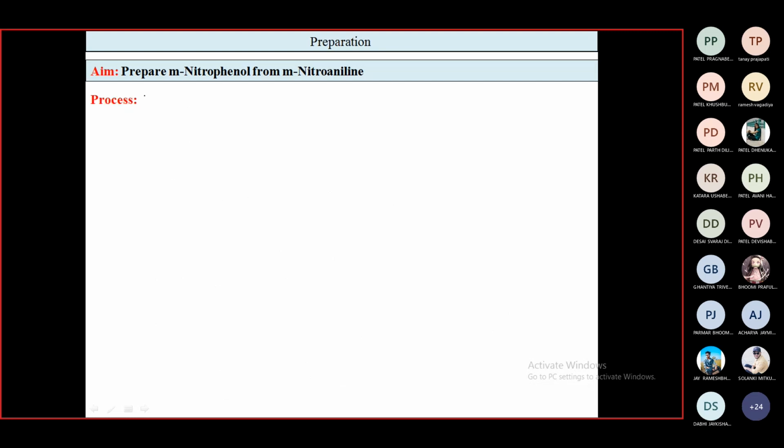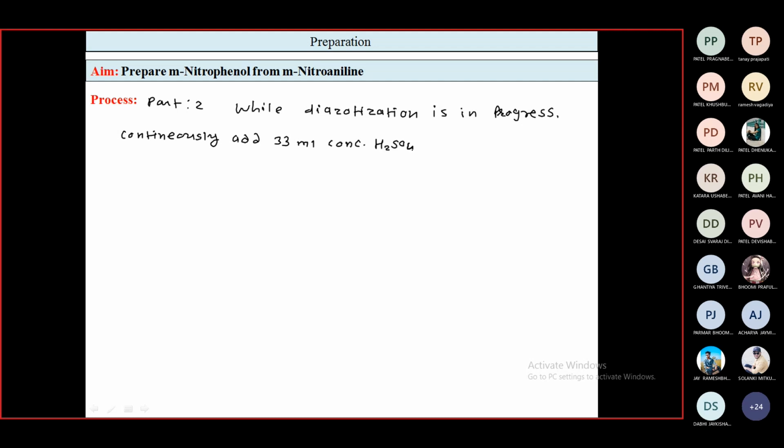Now second part is the actual reaction, that is part 2. While diazotization is in progress, continuously add 33 ml concentrated H2SO4 in 30 ml water in a 250 ml RBF.